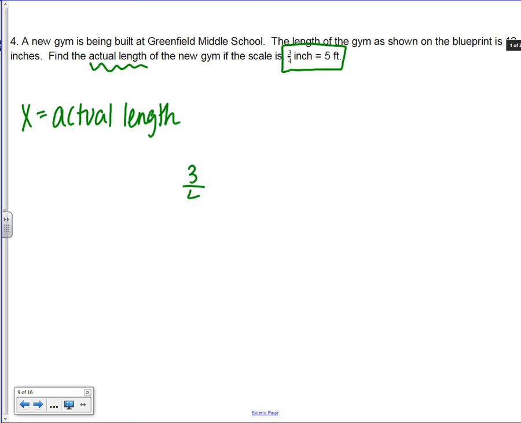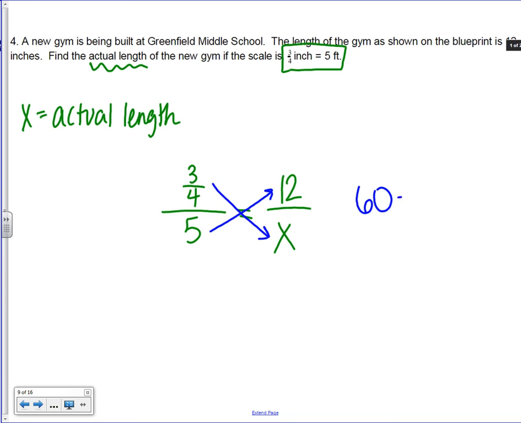So I'll take 3/4 and I'll put it over 5. Equals, they also tell me the blueprint is 12 inches. Well, I've got inches on top. So my 12 will go on top and the X will go on bottom. Next, you will cross multiply. And isolate the X.